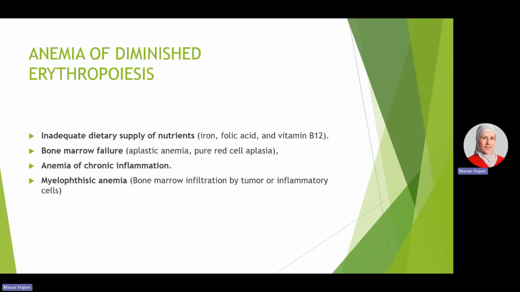Now, anemia of diminished erythropoiesis is divided, according to the underlying cause, into anemias of inadequate dietary supply of nutrients like iron deficiency anemia, folic acid deficiency, and vitamin B12 deficiency anemia.